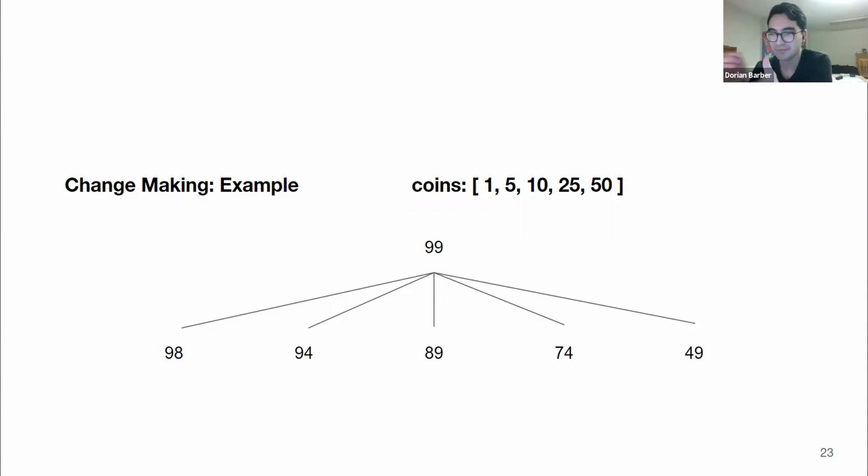This puts the relation of a problem to its subproblems directly in our face, right? There's no denying that to reach 99 from 98, we can add a coin. To reach 99 from 94, we can add a 5-cent coin, etc. And this really tells us how we might want to go about solving this problem.